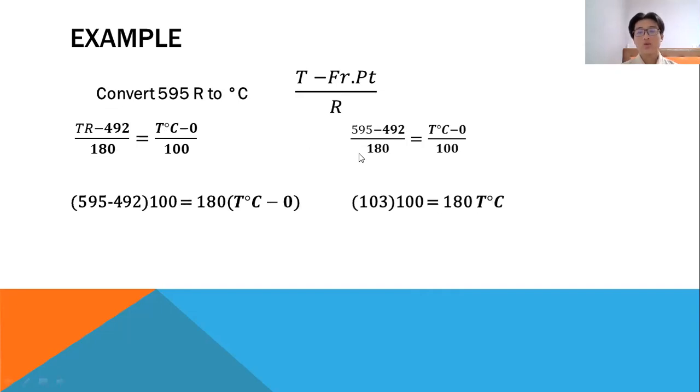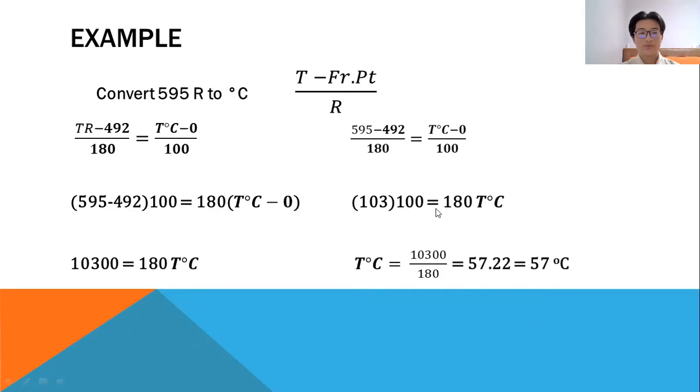Then one thing that you could do is to cross multiply them. So 595 minus 492 times 100 equals 180 times the temperature in degrees Celsius minus 0. 595 minus 492 is 103, times 100 equals 180 times the temperature of Celsius. 10,300 equals 180 times the temperature of Celsius.